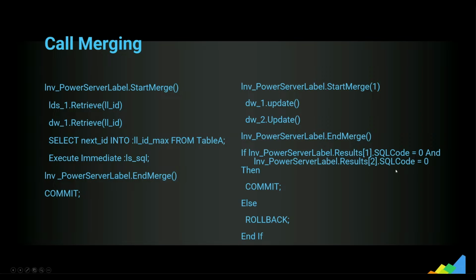Again, the merge labels should only be used to merge independent requests. Independent request means the execution of one request doesn't rely on the execution of other requests in the same merged block.